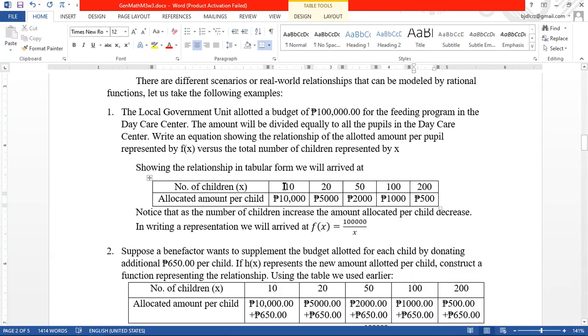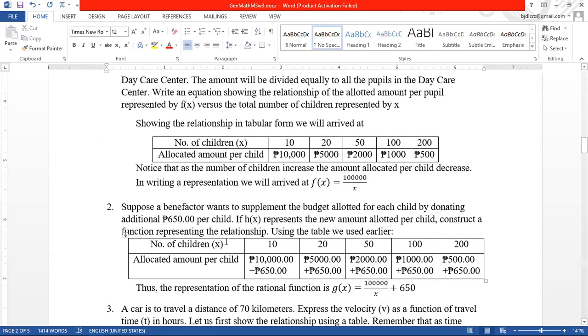So as we can see, kung nag-increase ang number of children, nagka-decrease pod ang allotted nga amount para sa mga children. Diba? From 10,000, nahimo siya 500, kay daghan na sila. So in writing a representation, we still arrived at f of x is equal to 100,000 divided by x. Okay, so mao na iyahang representation.